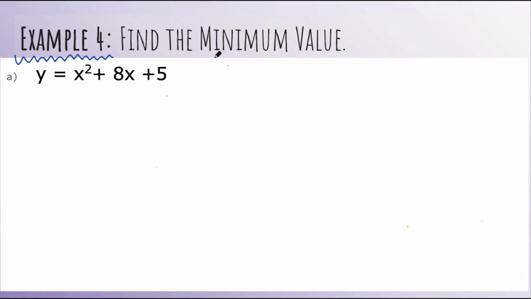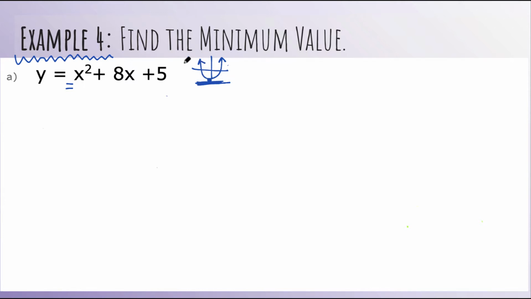And hopefully you said because the quadratic is going to open up. And the reason we know that the quadratic opens up is because the leading coefficient here is positive. It's a positive 1. So when we have a positive leading coefficient, we know our parabola is going to open up, and therefore the vertex is a minimum.